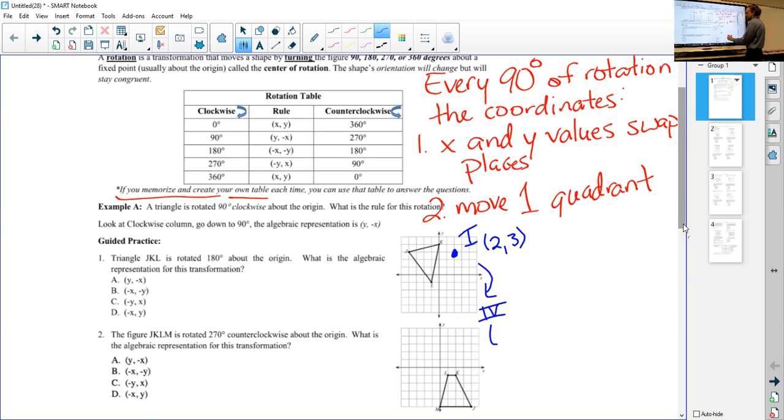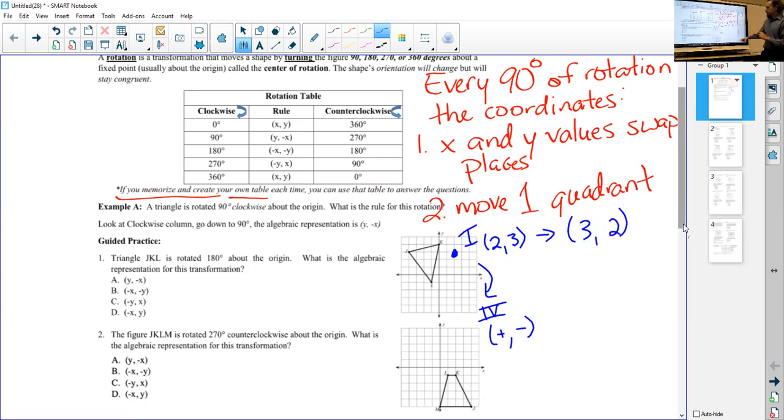Well, every point there, all the x values are positive, and all the y values are negative. So if I went 90 degrees, x and y need to switch places. So instead of 2, 3, it's going to be 3, 2.